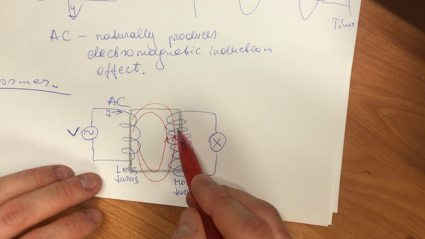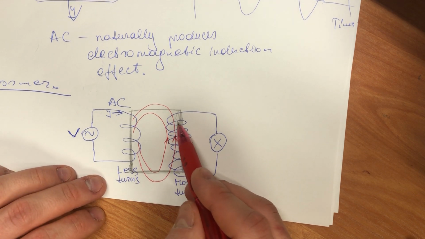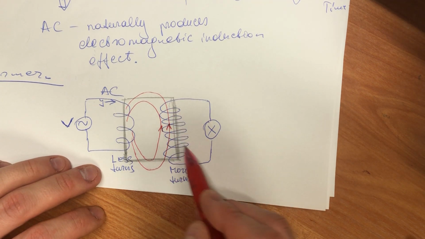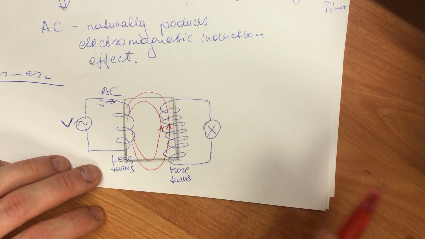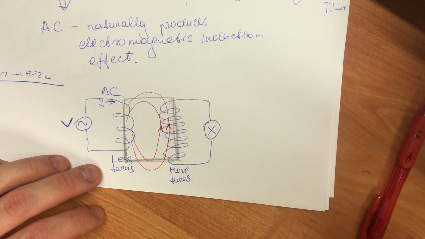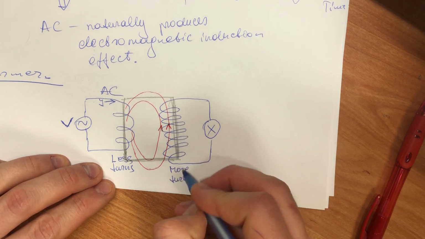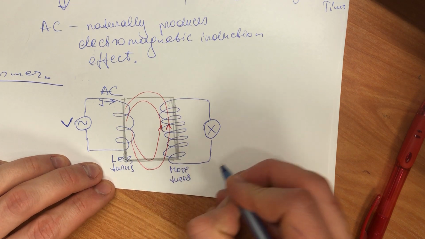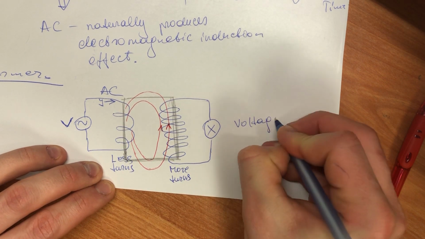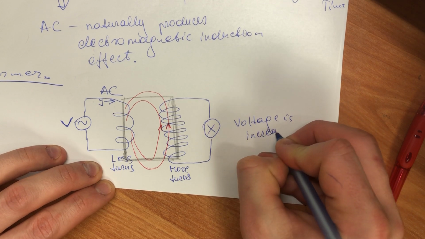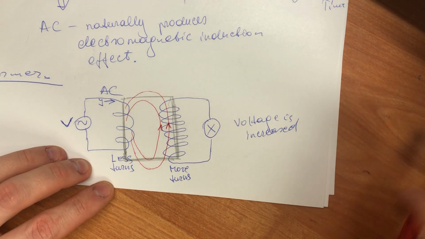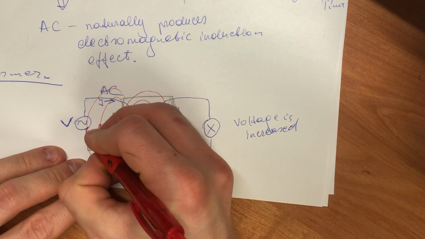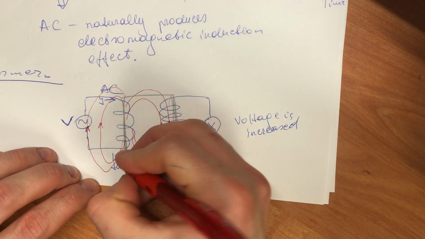So it means that the magnetic field that is going across these loops is changing, and it is producing voltage, because there are more turns in this, more loops of wire than here. So then it means that voltage is increased. Of course, there is a magnetic field that is going in this direction also, but here we are not concerned about it.